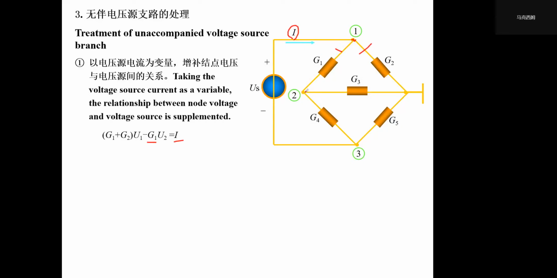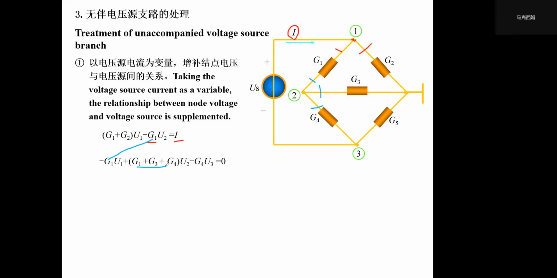Then for node 2, we see that there are three branches connected to it. So its self-conductance is G1 plus G3 plus G4. And we just directly copy G12 here, right?